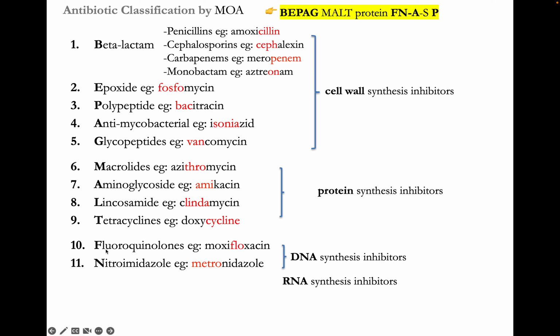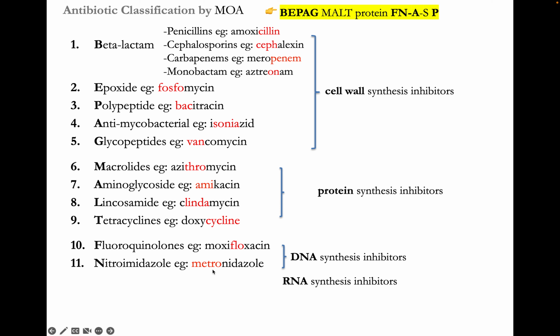Okay, how do you remember? Fluorine containing, easy, F, fluoro, moxifloxacin. Okay, so usually you see the textbook with this one class as DNA synthesis inhibitor. I want you to study the next class also, because metronidazole, that's a cheap, commonly used drug, a prodrug, activated only in the anaerobic bacteria.